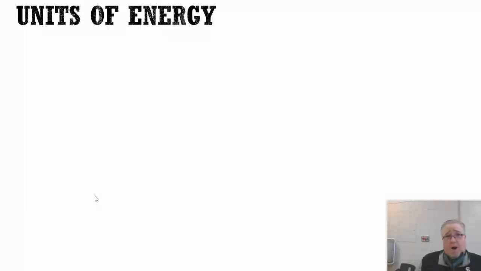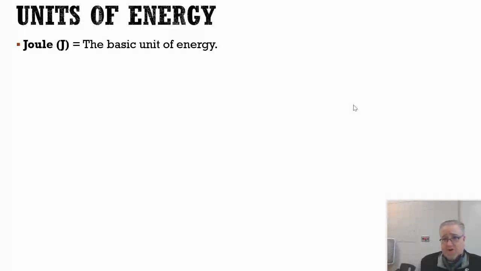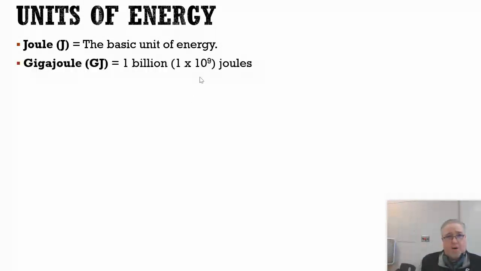The one that we're probably going to be utilizing the most in this class is a unit that you should be somewhat familiar with from your chemistry days, and that's the joule, with the abbreviation capital J. This is just the basic unit of energy. Calories is another one. There are several different units that we can use, but this is the one that we're going to use for the most part.